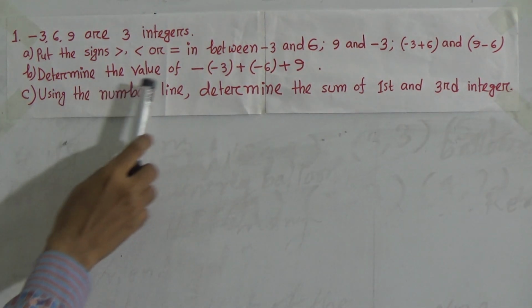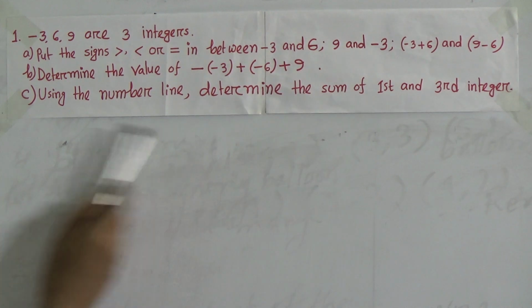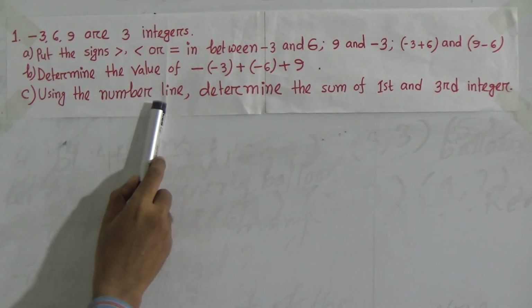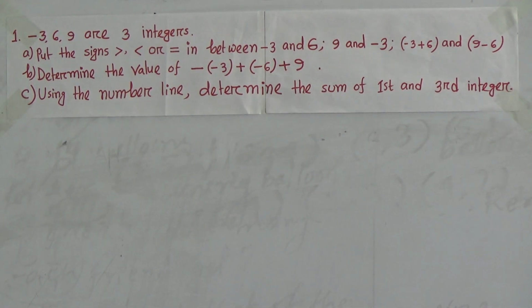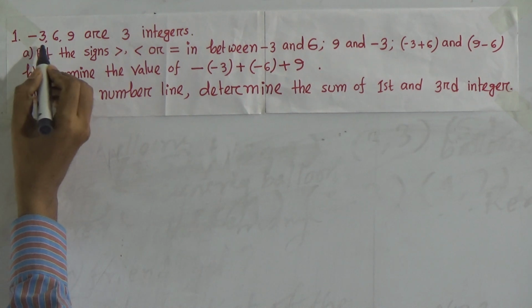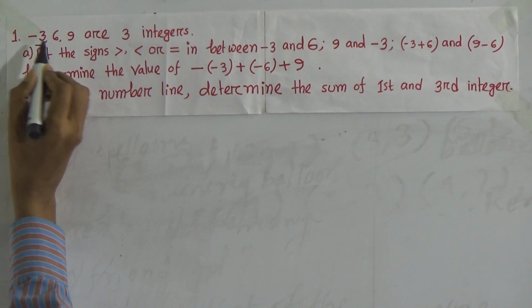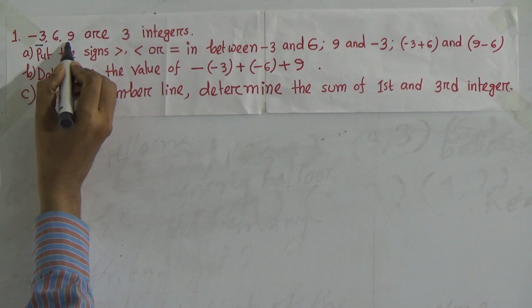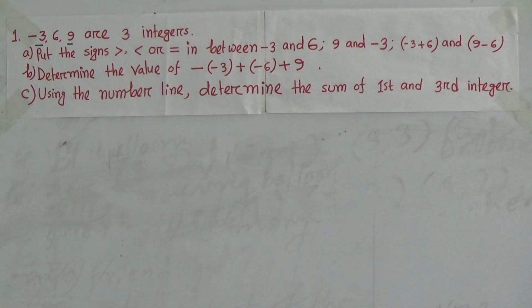B: determine the value of this. C: using the number line, determine the sum of the first and third number. You see, the first integer is -3 and the third integer is 9. Now I will solve question A.